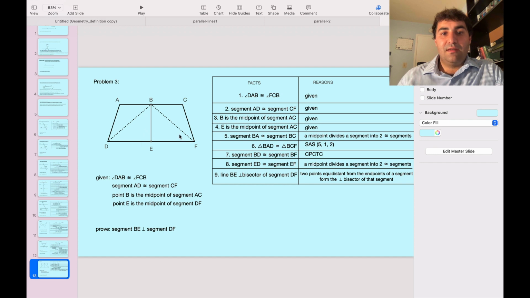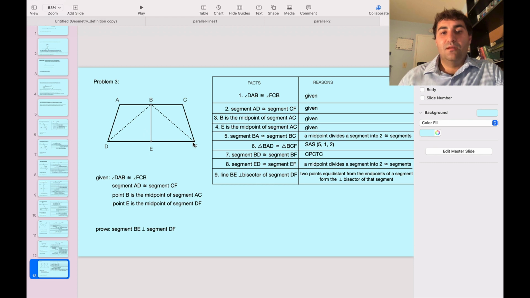so if we look at it, BD is congruent to BF, and ED is congruent to EF, then those two points determine the perpendicular bisector of the segment DF. So we know that line BE is a perpendicular bisector of segment DF.